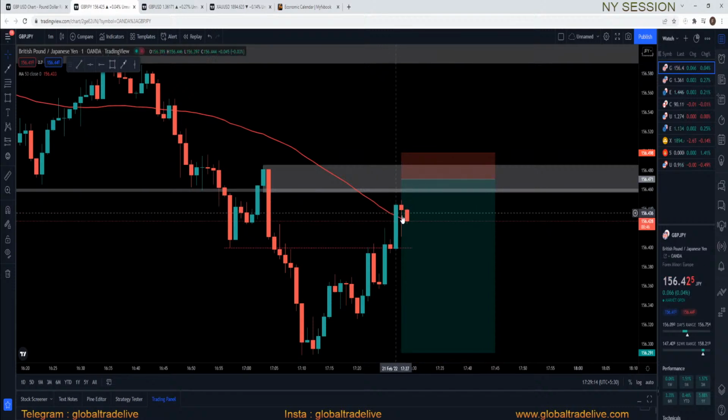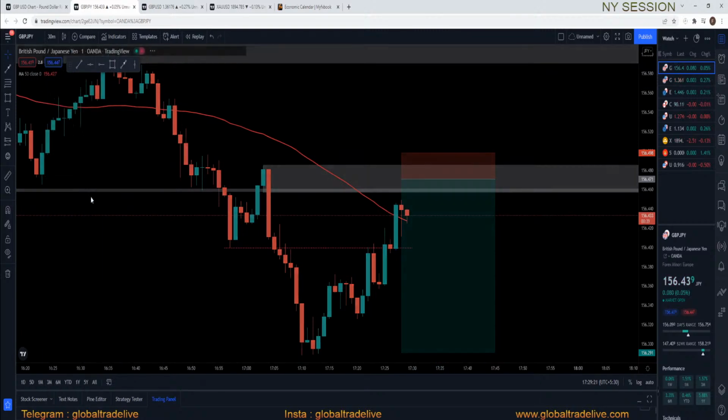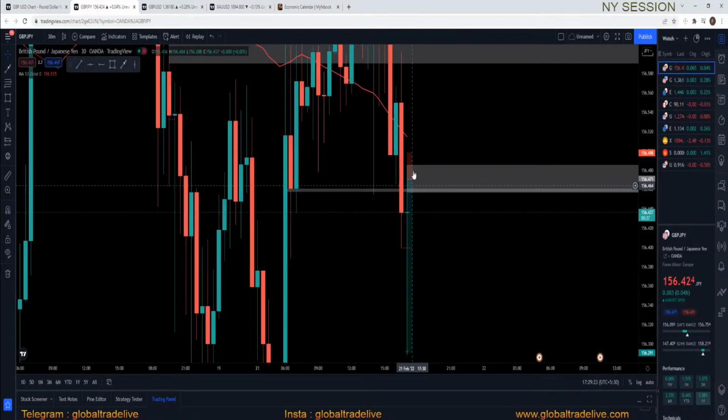So if that's the case, then the next candle should go up in this region, create a higher wick and then flip down to fill the wick over here.